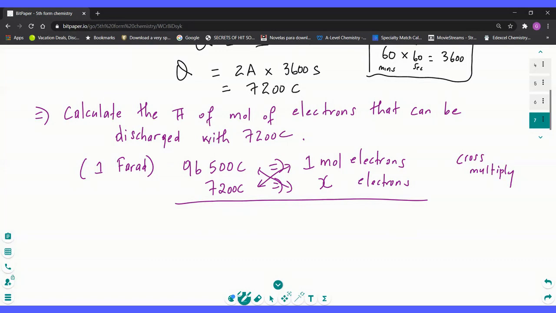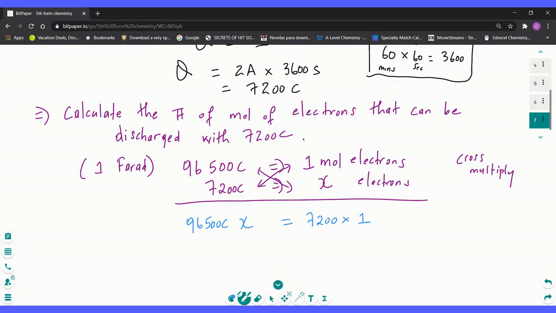So we're going across, right? 96,500 coulombs times X would be equal to this times that, which is the 7,200 times 1. So that's how we cross multiply. Anything that's down here multiplies what's up here, and anything that's up here multiplies by what's down here.